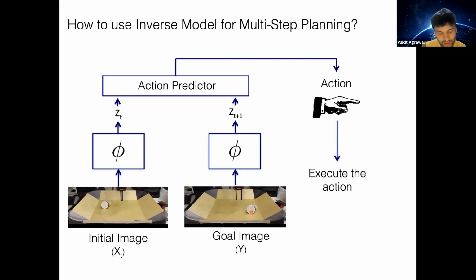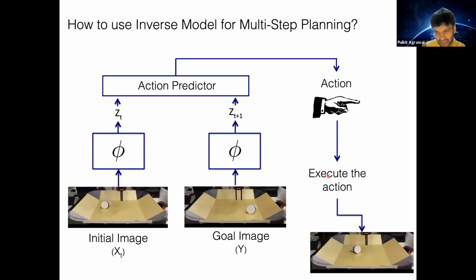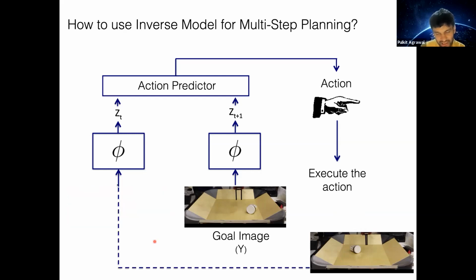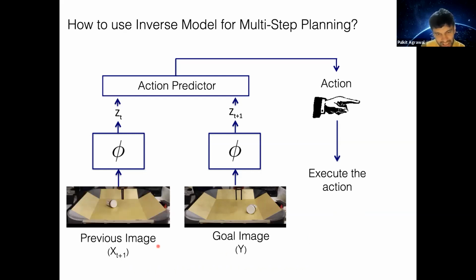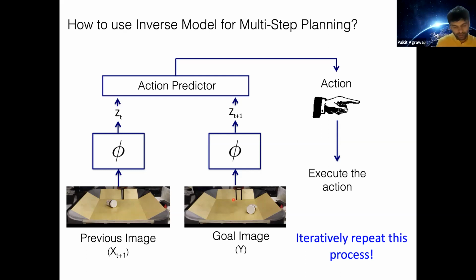Versus if I picked up on wrong features, then I may not be able to make the right action prediction. So I can predict one action, execute it, get the next image, then feed in this next image and my goal image, and iteratively keep repeating this process until the system says I am close to my goal image.